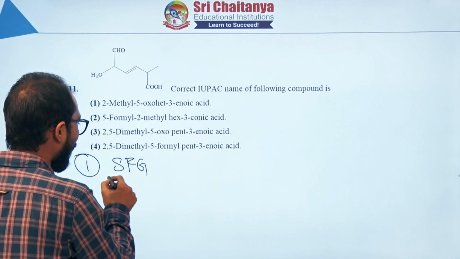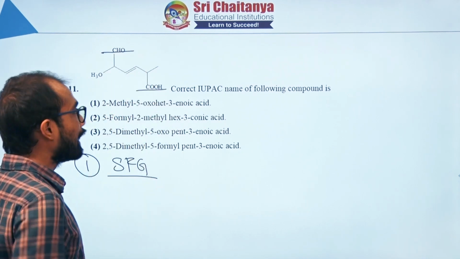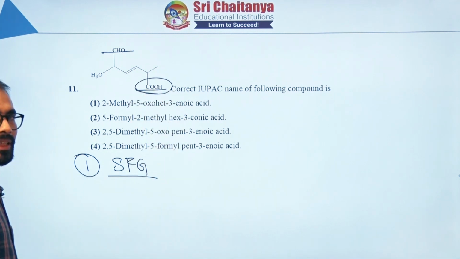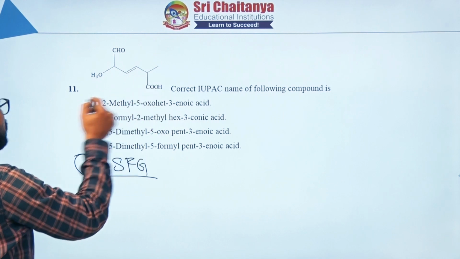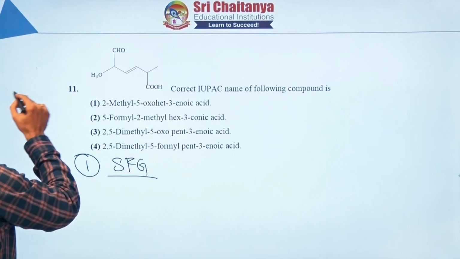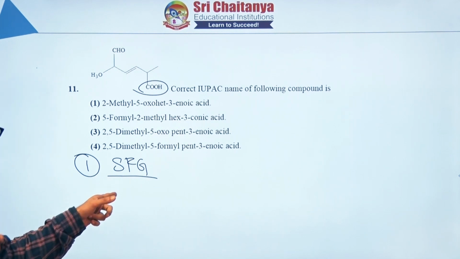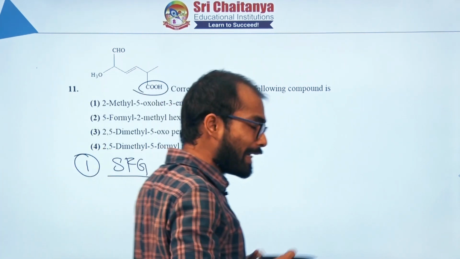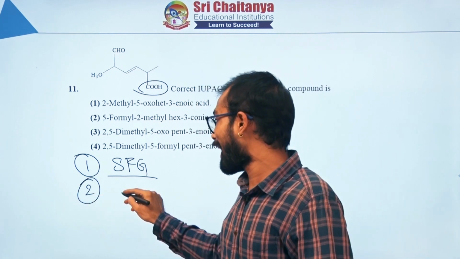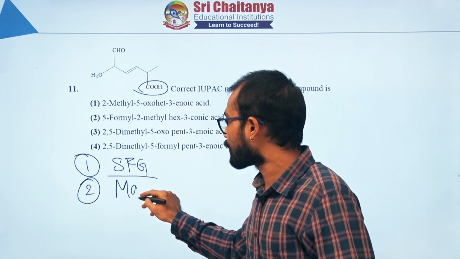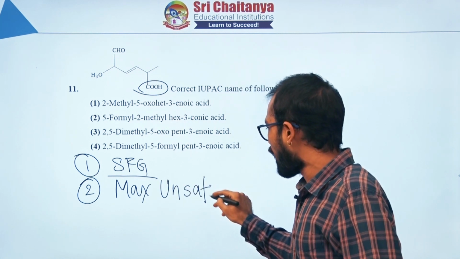Out of this particular group and this particular group, this is my senior. So I will take this particular functional group in my main chain. So I need to include the senior most functional group into my main chain. What is the second thing that I need to have? The second thing is maximum unsaturation, that means pi bonds, maximum unsaturation.